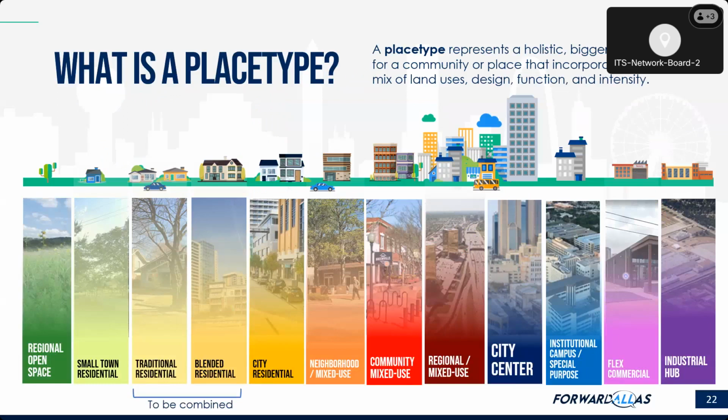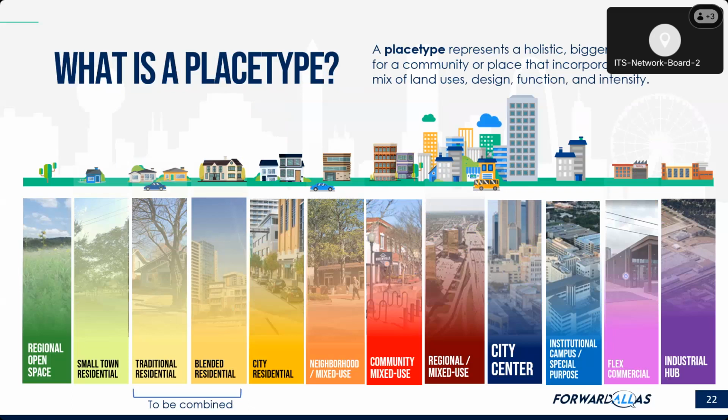So we have on the screen 12 different types of places, and we're having conversations with our other committees. Some of these places might combine into one place. We might add another one. For example, we have a traditional residential neighborhood and a blended residential neighborhood. What we've heard from our community is that although there's a suburban type of neighborhood in the city, and more of a pre-war type of development in the city, every ward in the city should be incorporating growth, density and development.